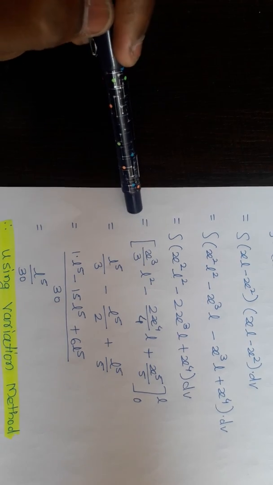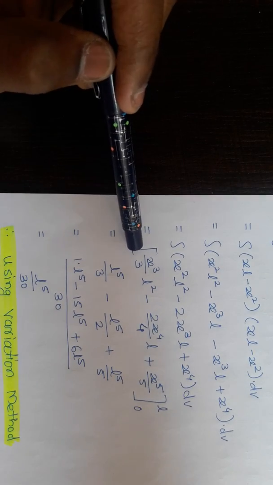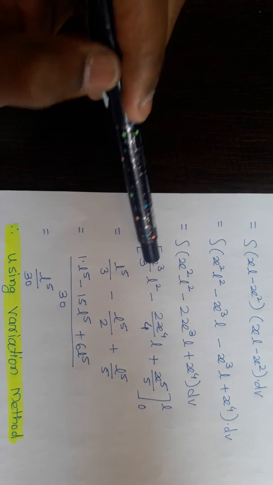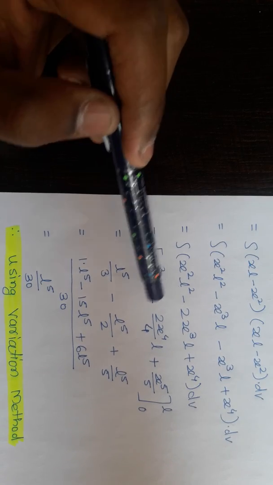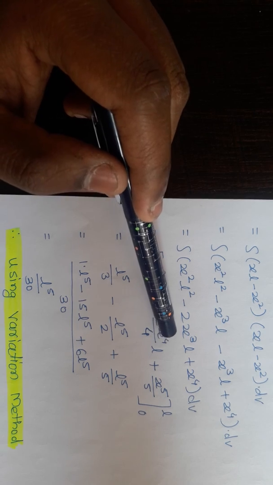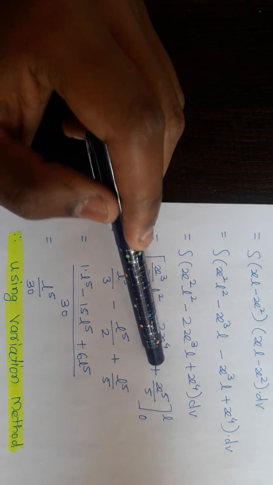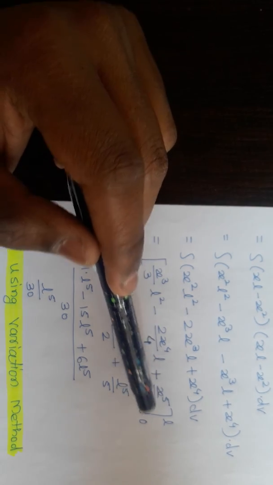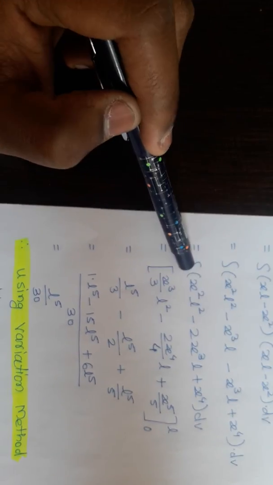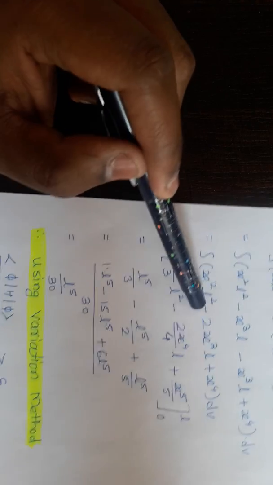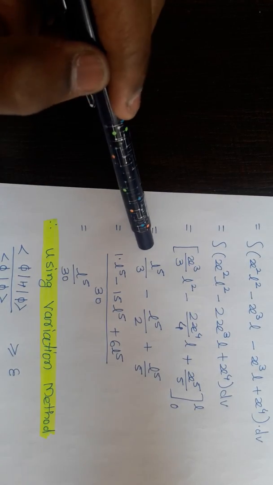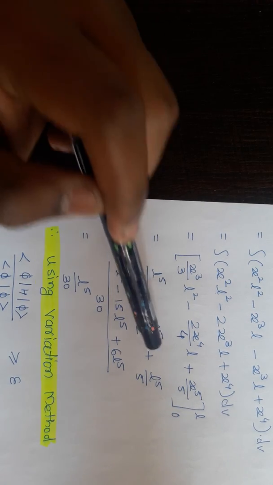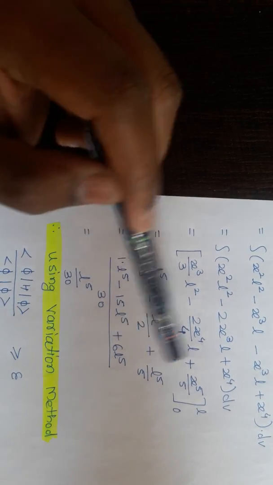Now the next term, x³/3. We will solve the equation: x³/3 into L² minus 2x⁴/4 into L plus x⁵/5, integrated from 0 to L. After solving the integration, the equation will be L⁵/3 minus L⁵/2 plus L⁵/5.